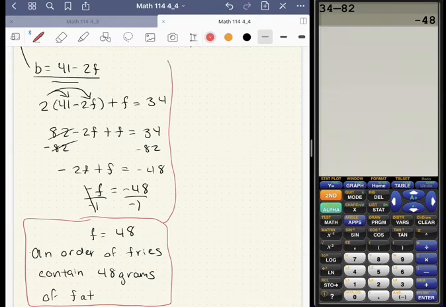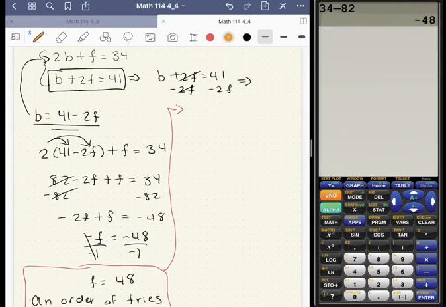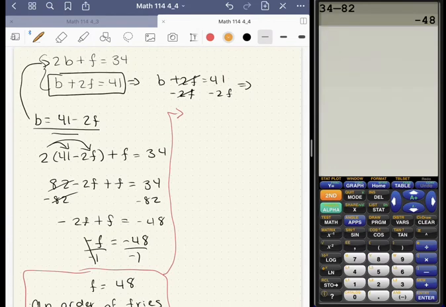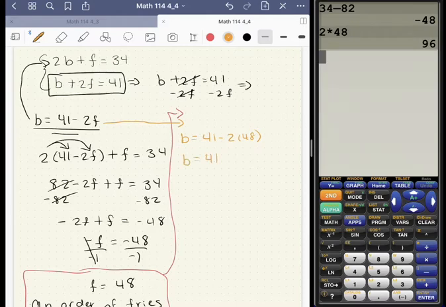But we're not done because we need to find the burgers, how many grams the burger has. So I'm going to use what I already have. I have this one that is already solved for B. So I have B equals 41 minus 2 times 48. So 2 times 48 is 96. So B equals 41 minus 96.